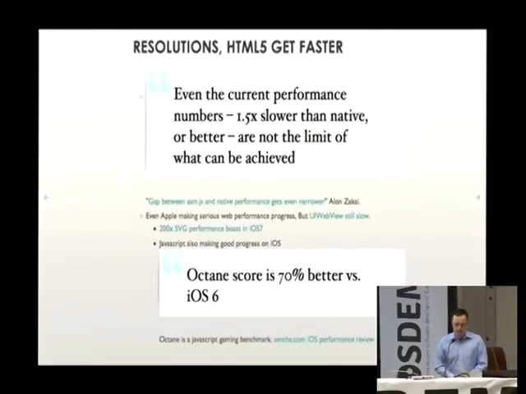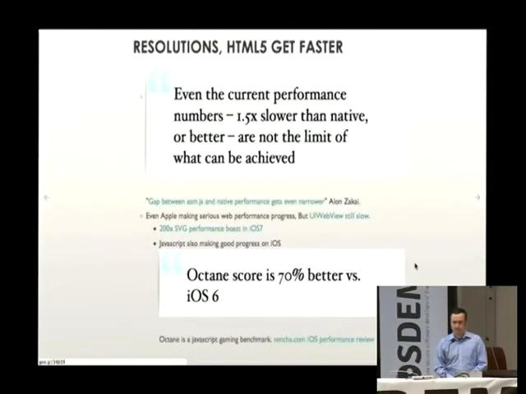And even Apple is making some serious progress on WebView, as long as it's in their Safari browser. We've seen increases between iOS 6 and iOS 7, a full 70% boost, in some benchmarks up to 4 times faster. I mean, this is for a gaming benchmark, Octane.